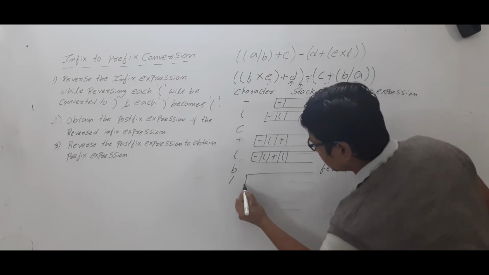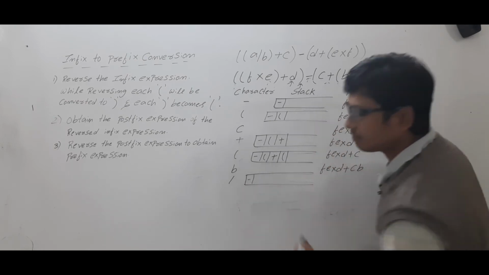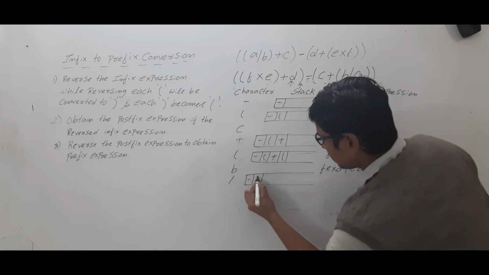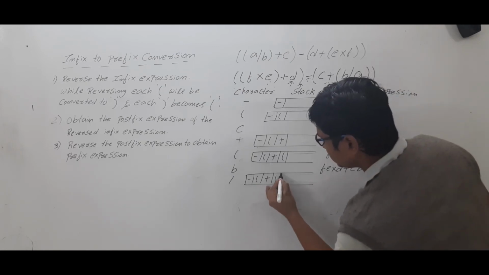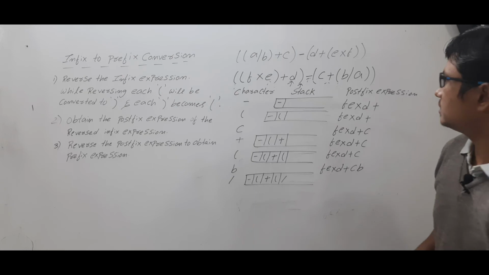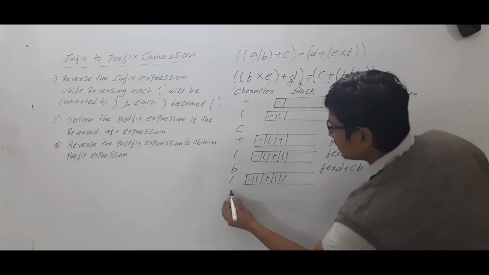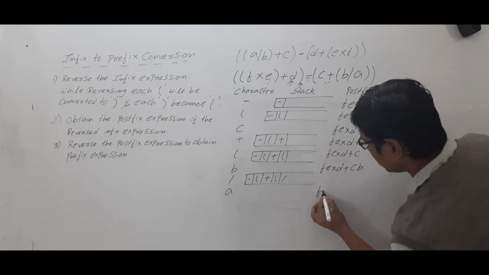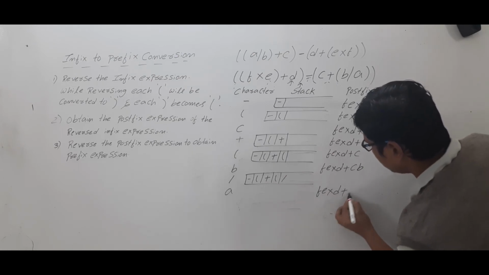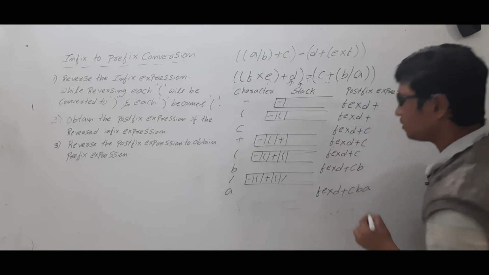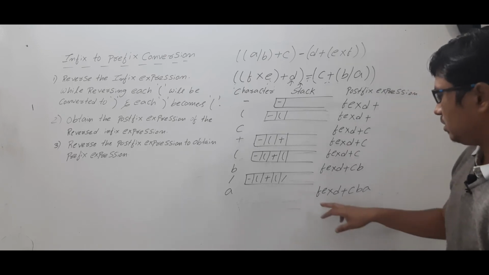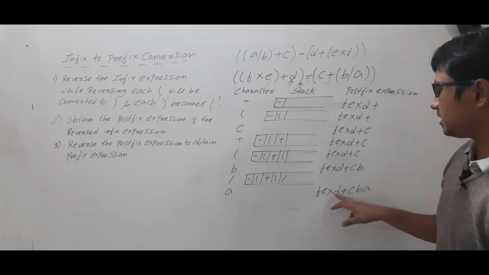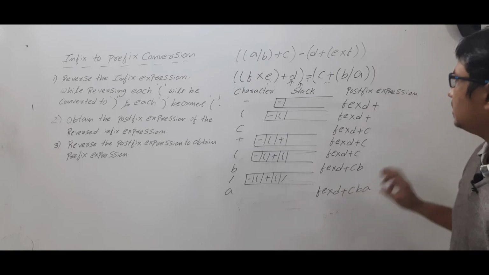If I push it, I will get minus, open parenthesis, division. Is it clear? Then I have the A, which is an operand, so I need to append it to the postfix expression. So I got F E multiplication D plus C B A.